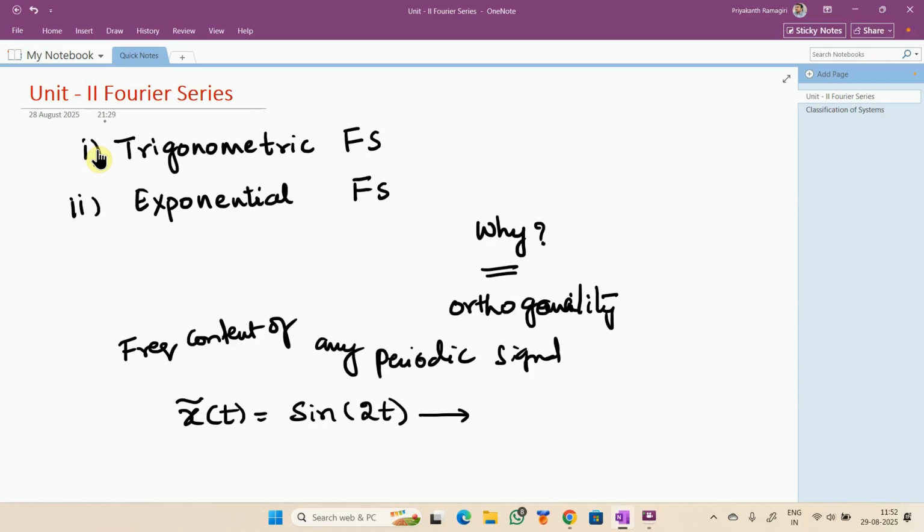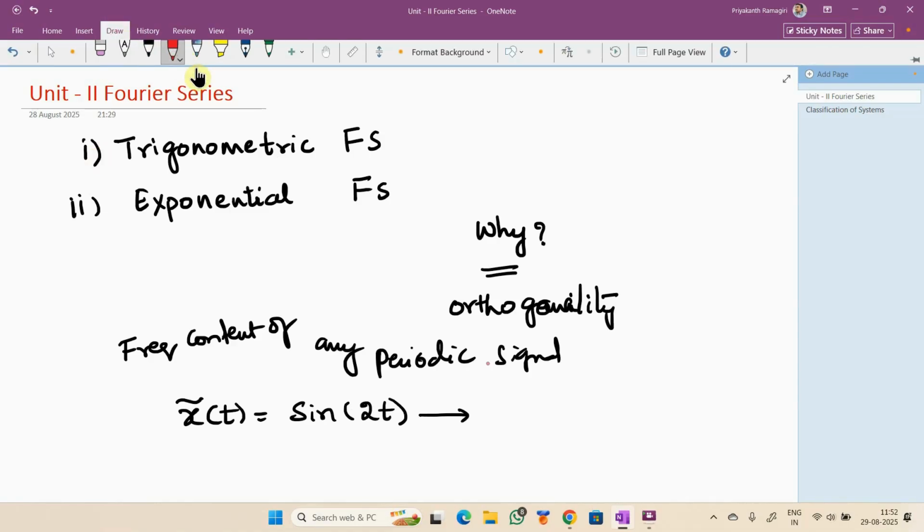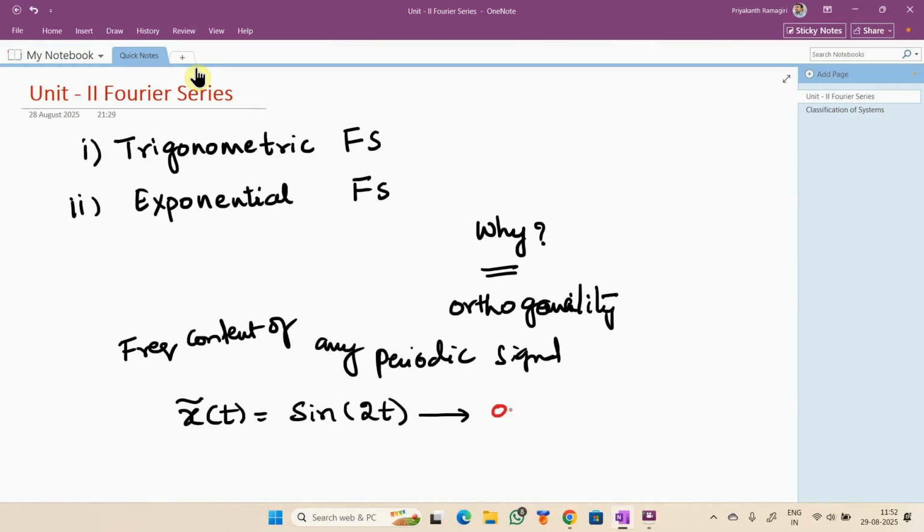How many frequencies does the signal contain? Only one frequency it contains. Am I right? x of t contains only one frequency.